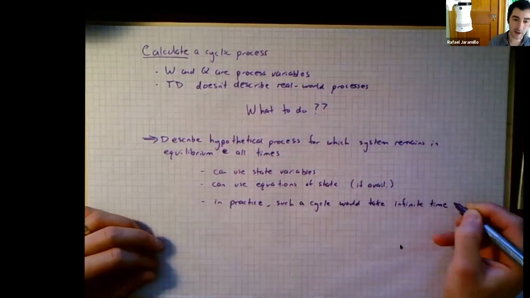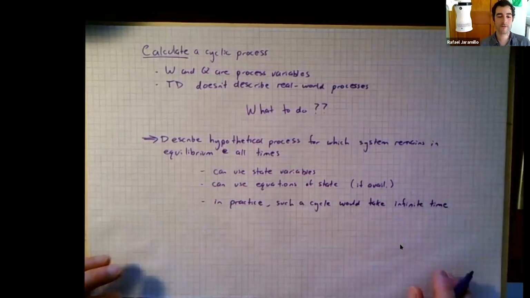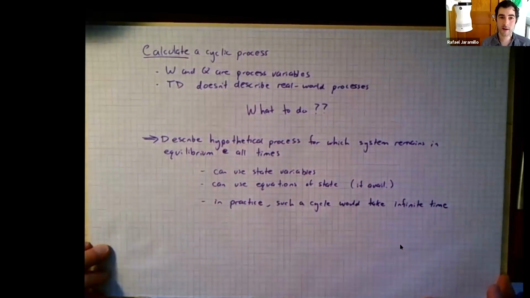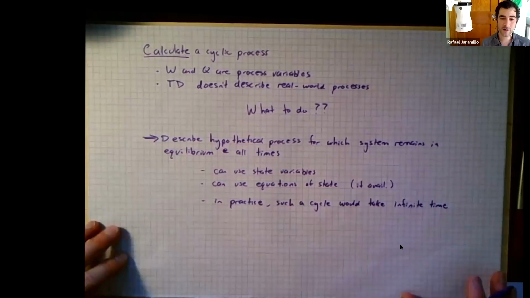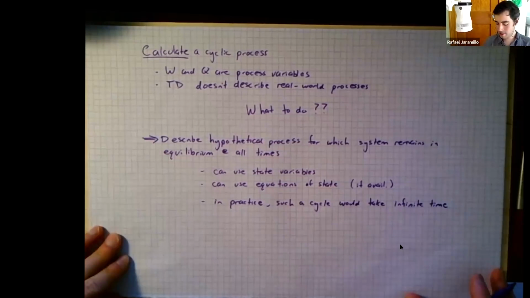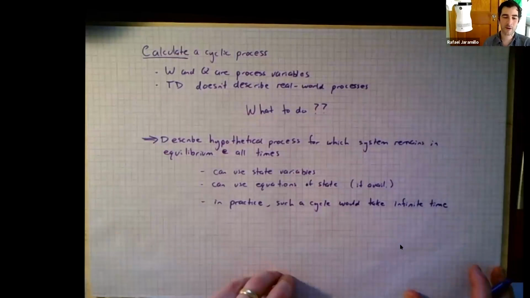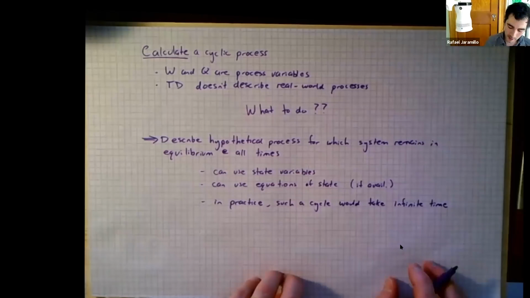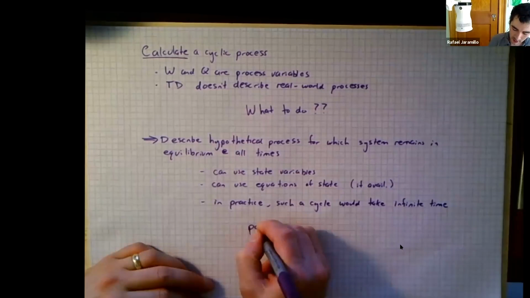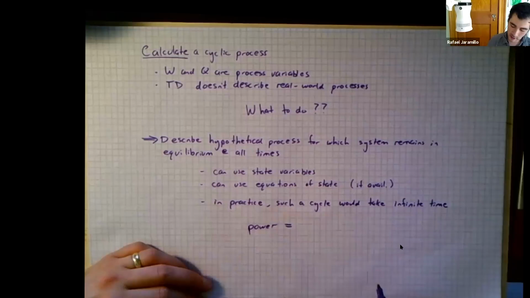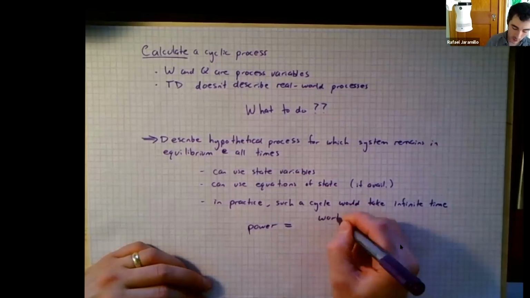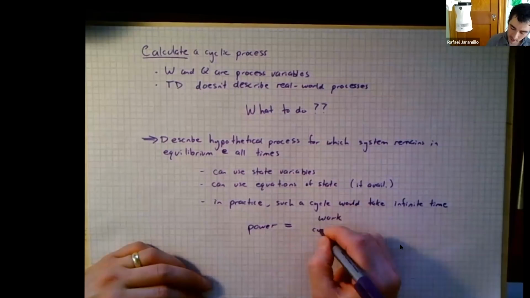So when you are venture capitalists and you have somebody coming pitching you too good to be true energy technologies, normally you're going to think back to 3020 and try to poke holes in their argument. And here's one hole you might find, which is power is work divided by cycle period.